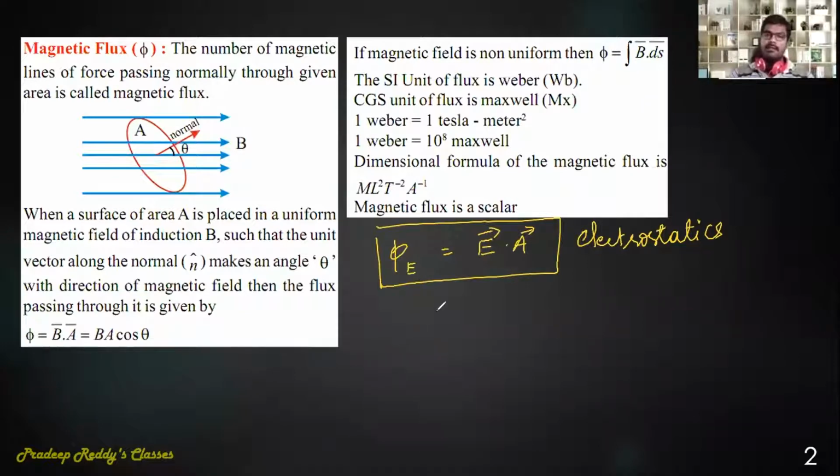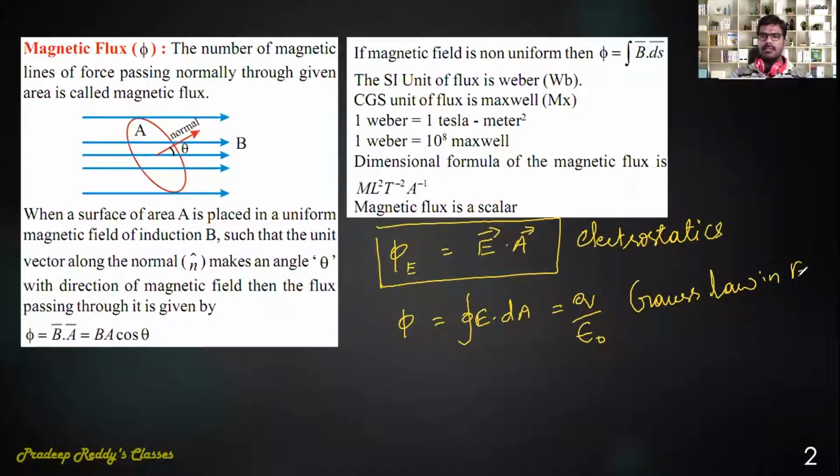And we have even discussed Gauss law in electrostatics. It is phi equal to the integration of E dot dA, which is equal to Q divided by epsilon naught. This is Gauss law in electrostatics. These equations we already have discussed.